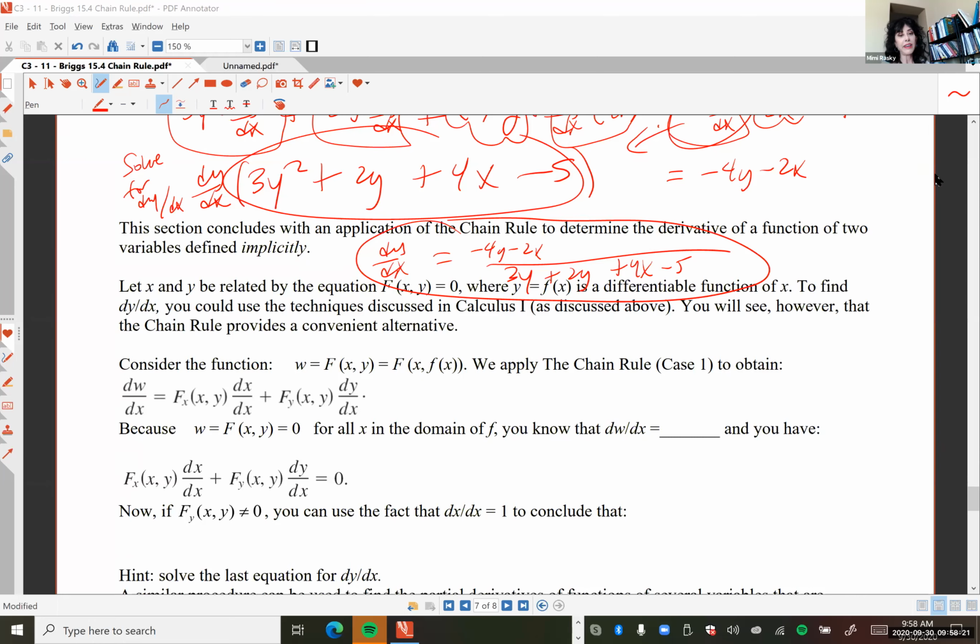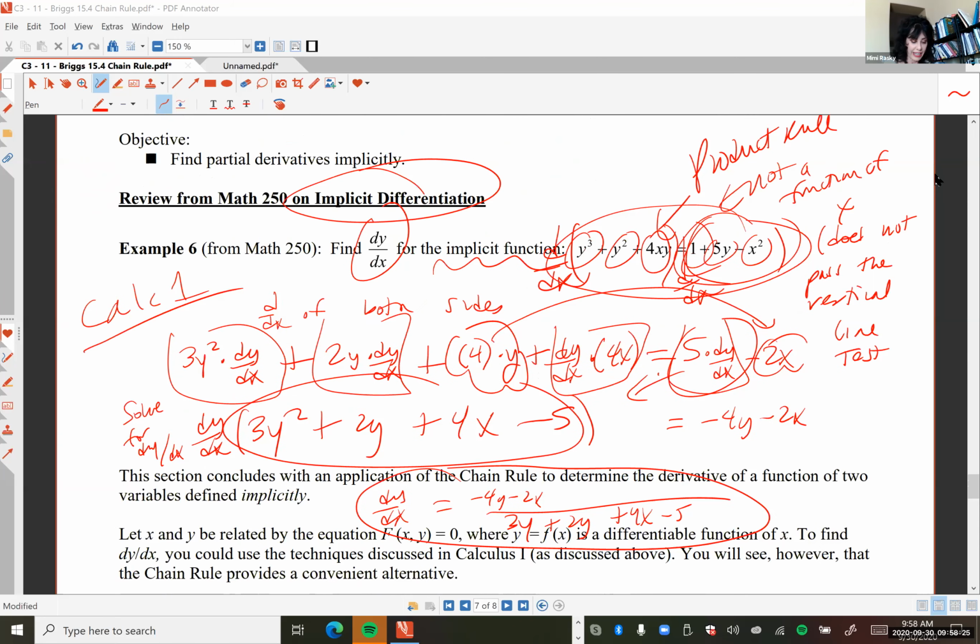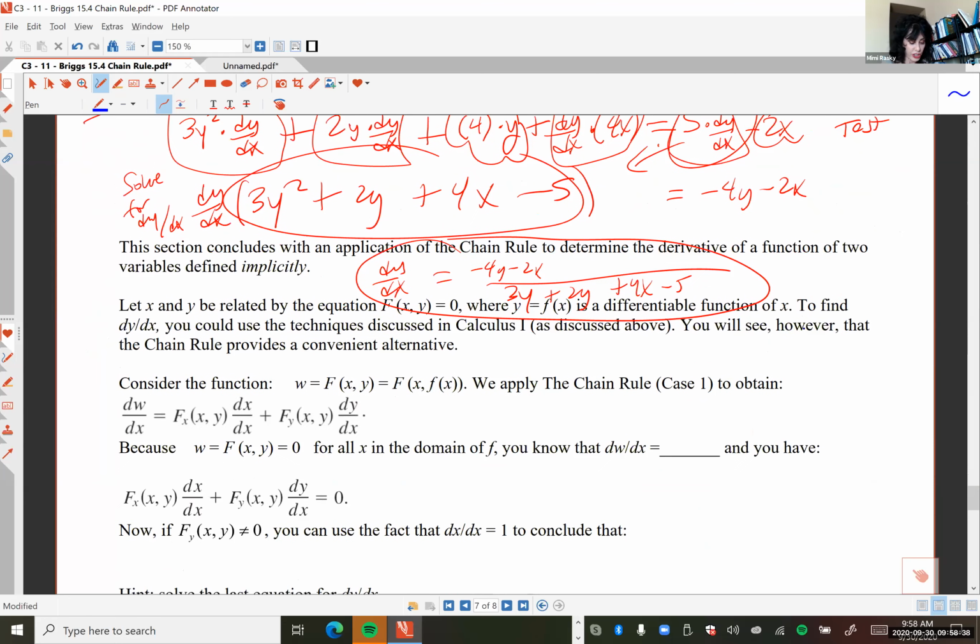So the idea is, when you're handed one of these functions with x's and y's in it, that's this big honking equation right here, what you do is you get a different type of representation for it. You get everything on one side and 0 on the other. This is called the general representation. So you're going to move all the junk to one side, and it'll be equal to 0.